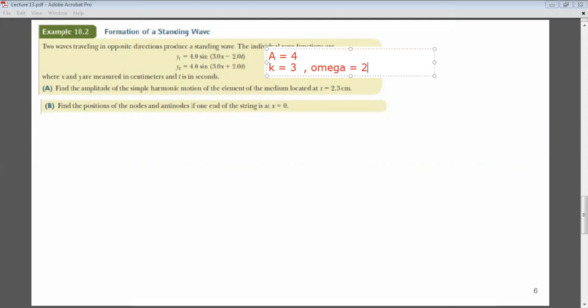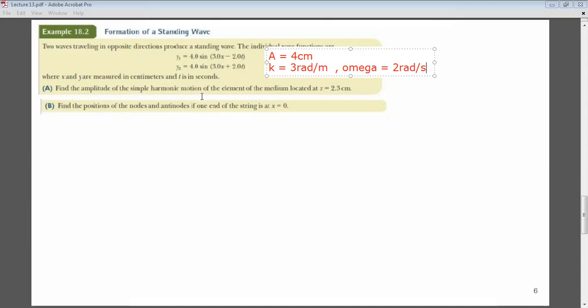Of course, here we have to take care of the units. So this is 4 centimeters, this is radians per meter, and this is radians per second. Y2 is exactly the same, but in the opposite direction. They're saying that x and y are in centimeters, so that's why I put A in centimeters, and t is in seconds.